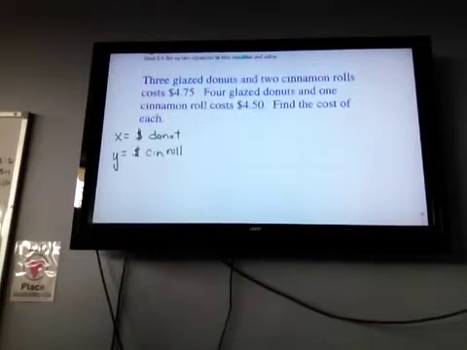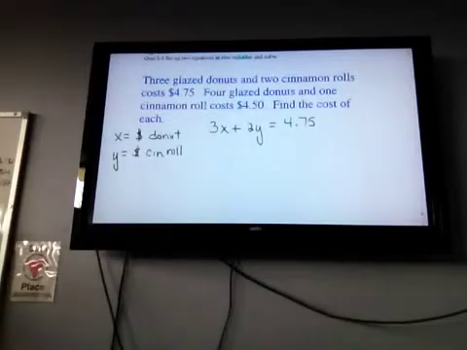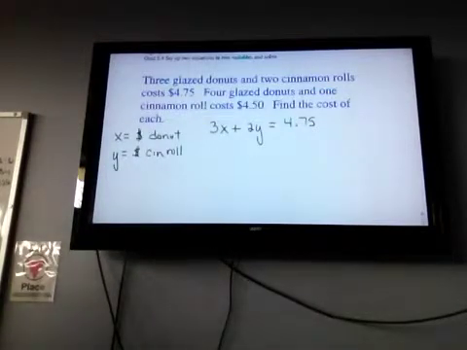All right, so here's my first equation. The first sentence makes my first equation. 3 donuts, so 3 X's. And 2 cinnamon rolls, 2 Y's, is $4.75. My next sentence makes my next equation. 4 donuts and 1 cinnamon roll cost $4.50.